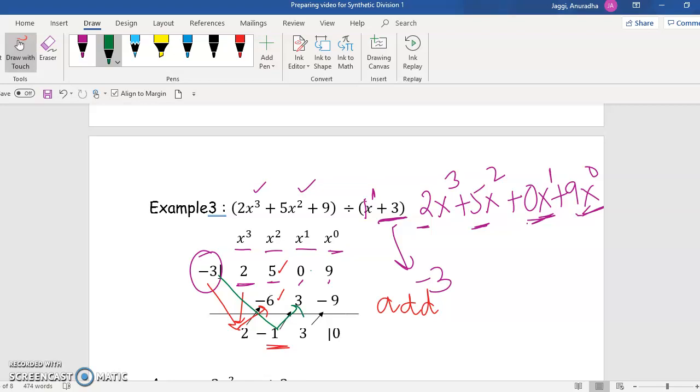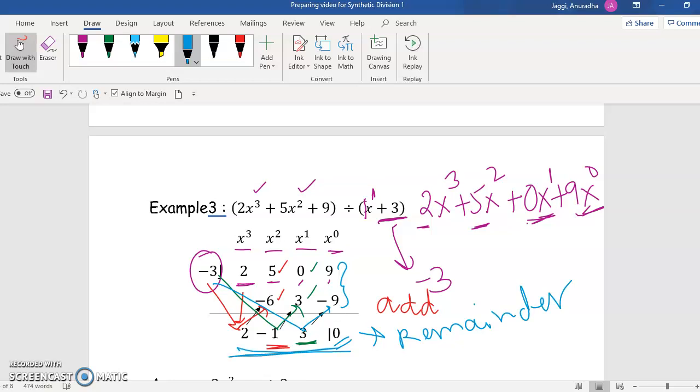Now you add 0 and 3, make a positive 3. Next one, negative 3 times 3 makes a negative 9, and then you add 9 and negative 9, it makes a 0. So you see the remainder here is a 0, and this will decide your answer.